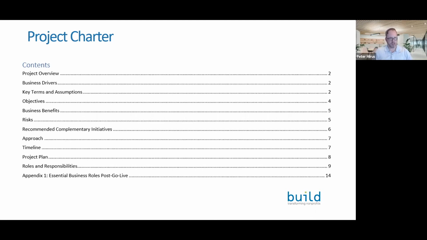We'll think about that in a moment as a separate subject. And then you're going to really lay out your approach to the implementation project, the timeline, and the project plan, which I'll show an example of in a moment, as well as roles and responsibilities associated with the project and the time commitments associated with those.